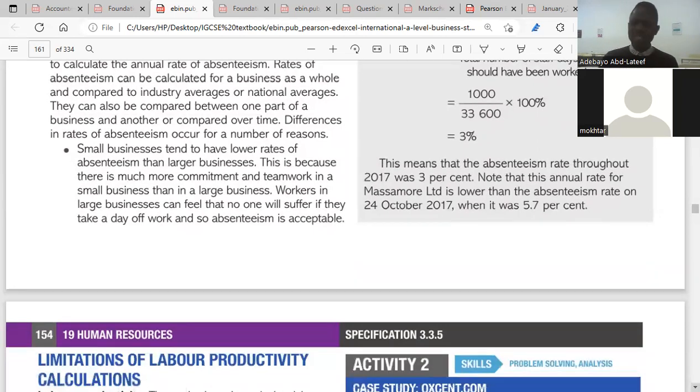Small businesses tend to have a lower rate of absenteeism than larger businesses. Why? Because small businesses employ fewer workers and large businesses employ more workers. So the more workers you have, the more likely the rate of absenteeism increases. So it's difficult to compare the rate of absenteeism between small businesses and large businesses. That's number one.